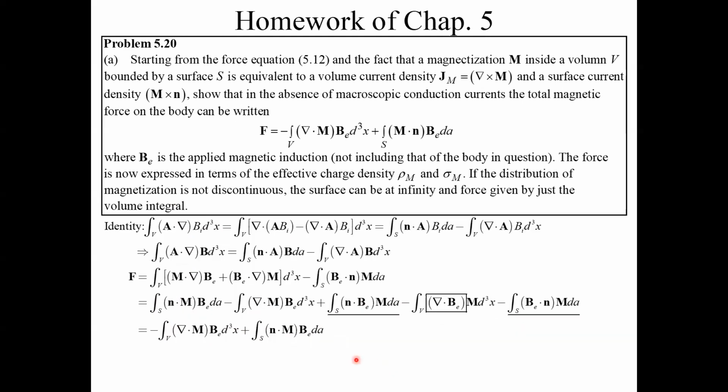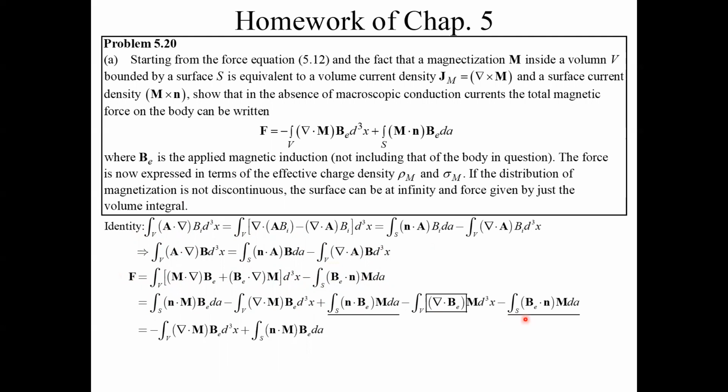And next, the last identity we used in part A. This is our last identity, and again we're sorting our formula.